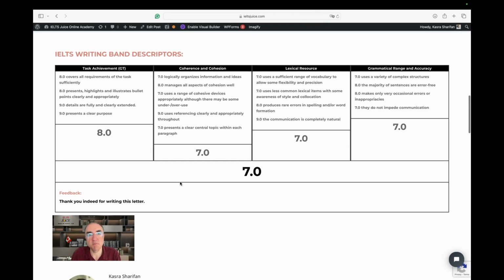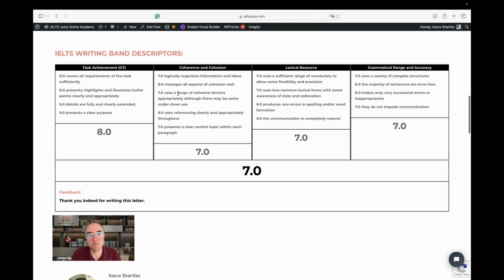Yeah, we basically managed all the aspects of cohesion well. We didn't have paragraphing, but every element had its own agenda. So we had 3 body paragraphs, and all 3 had their own focus.